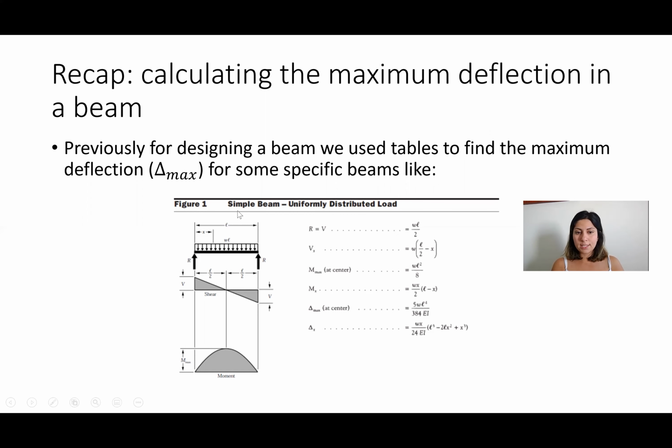Here is an example. You can see a simply supported beam with a UDL, uniformly distributed load.